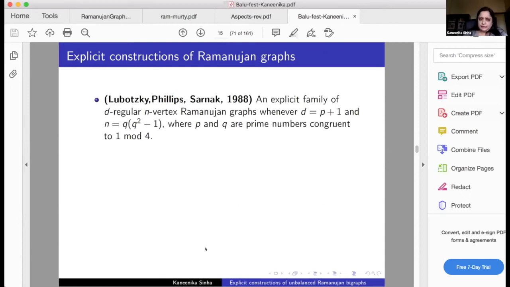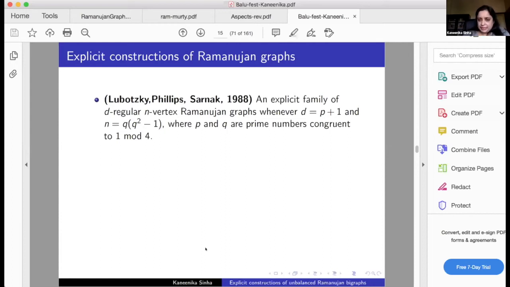One of the earliest constructions of Ramanujan graphs is the famous construction of Lubotzky, Phillips, and Sarnak in 1988. They constructed an explicit family of d-regular n-vertex Ramanujan graphs where d is equal to p plus 1 and n is equal to q times q squared minus 1, where p and q are both prime numbers congruent to 1 mod 4.